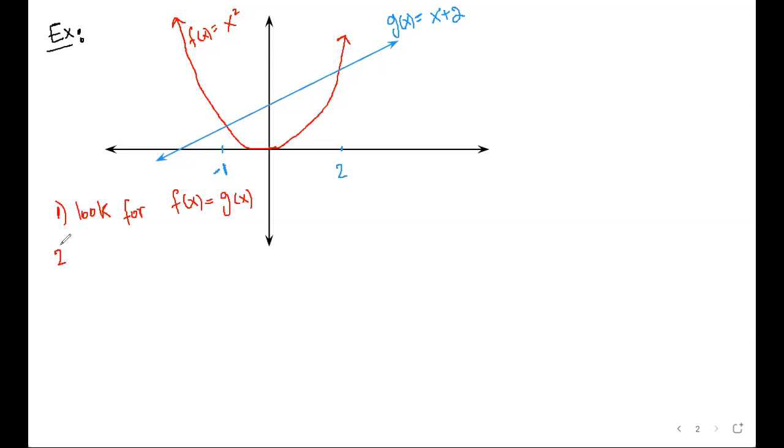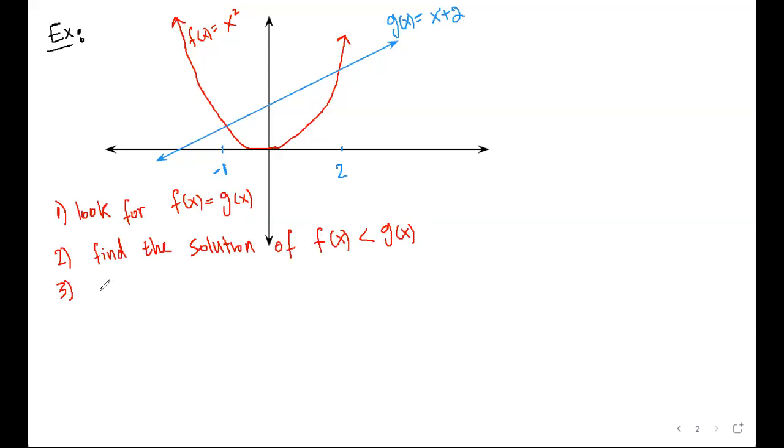Second one, find the solution of f of x less than g of x.